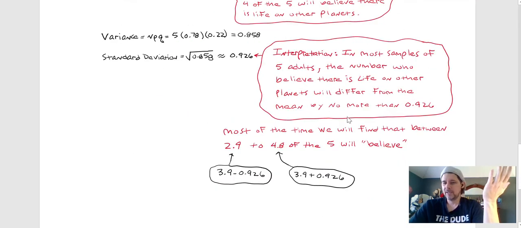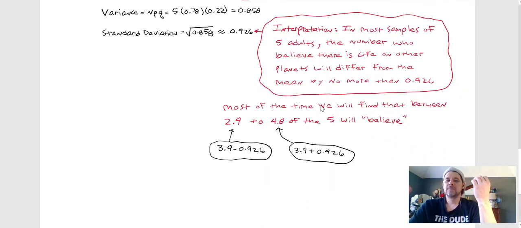I wouldn't expect that you'd take 5 people at random and only 1 of them would feel that way if 78% of people actually feel that way. So most of the time when we do this, between 2.9 and 4.8 of the 5 will believe that there's life on other planets.